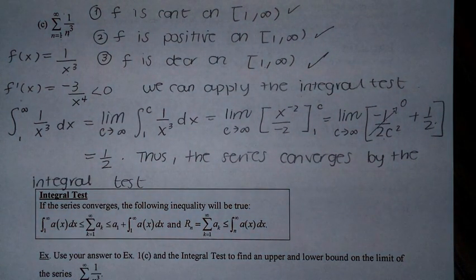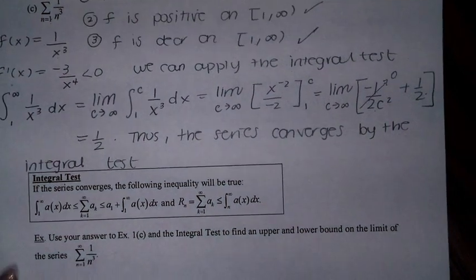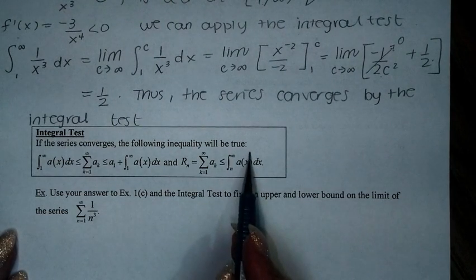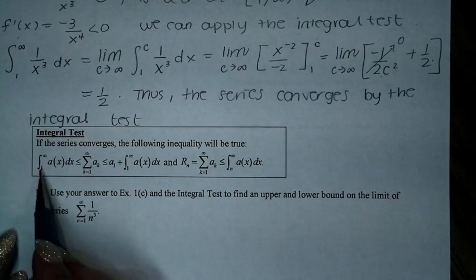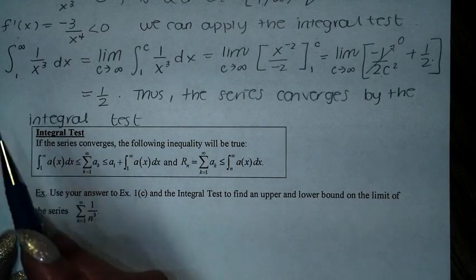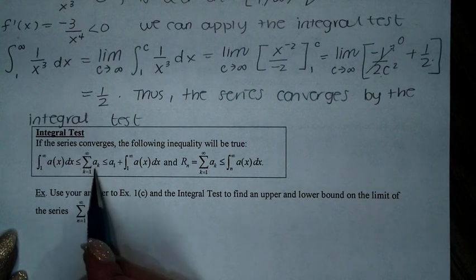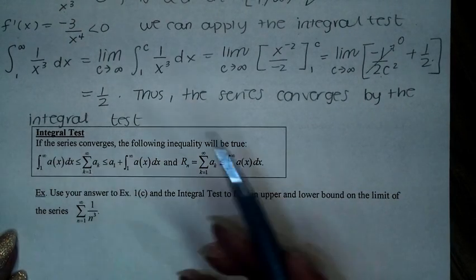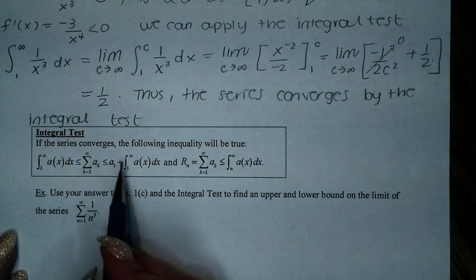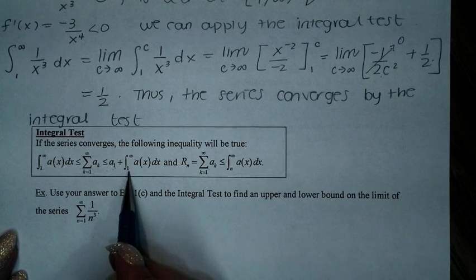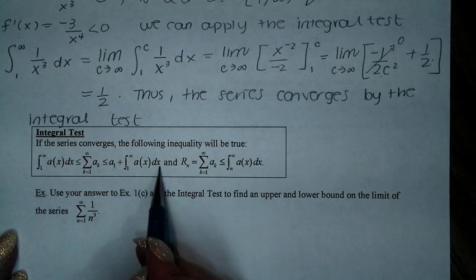Now we have a little FYI here. So the integral test is powerful. So we know that if the series converges, like this one, the following inequality will be true. What this tells you is that the integral from 1 to infinity of a of x dx, in our case f of x, is less than the summation from k equals 1 to infinity of a sub k, or a sub n, whatever you want to call the indexing, is less or equal than a sub 1, which is the first term, plus the integral from 1 to infinity of a of x dx.